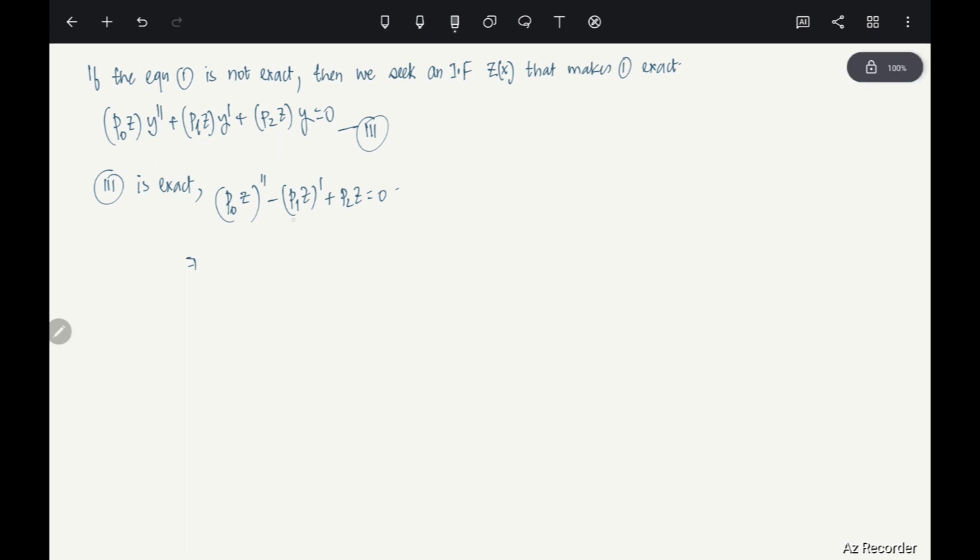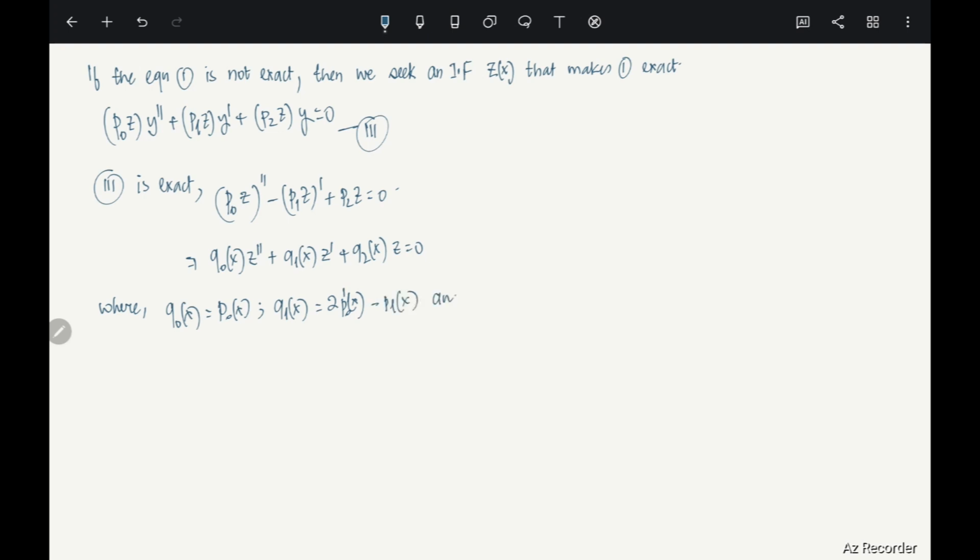This will give you, so I will write this equation as Q naught of x z double prime plus Q1 of x z prime plus Q2 of x z equals 0, where Q naught of x is nothing but P naught of x, Q1 of x is nothing but 2 P naught prime of x minus P1 of x, and Q2 of x is nothing but P naught double prime of x minus P1 prime of x plus P2 of x.